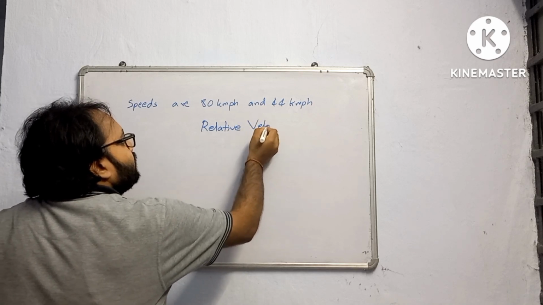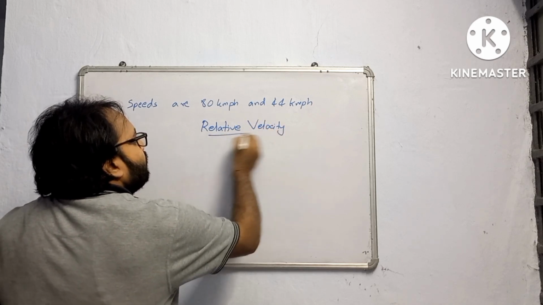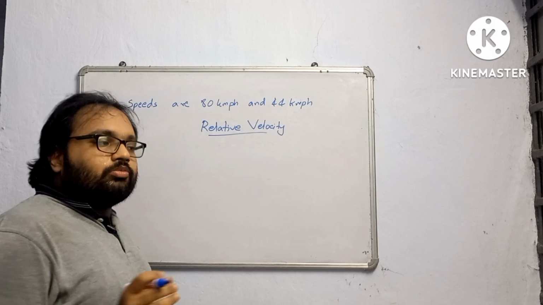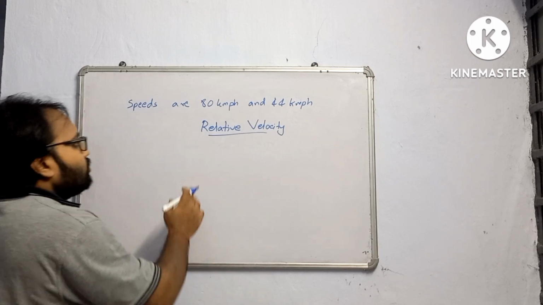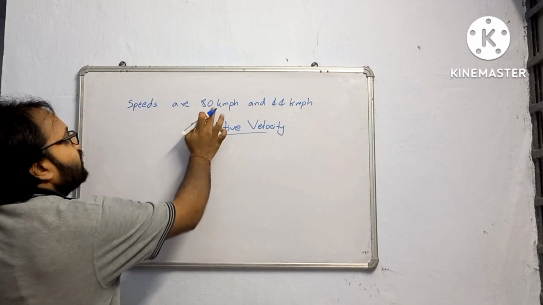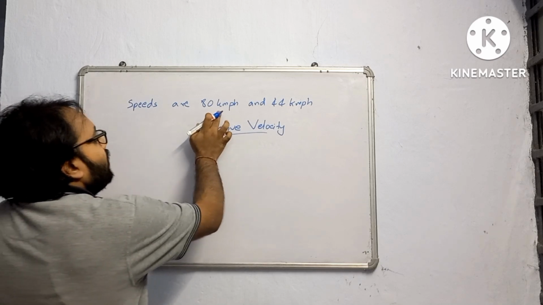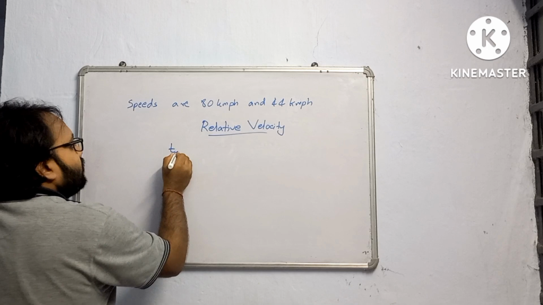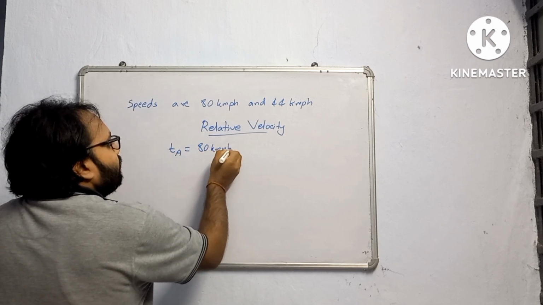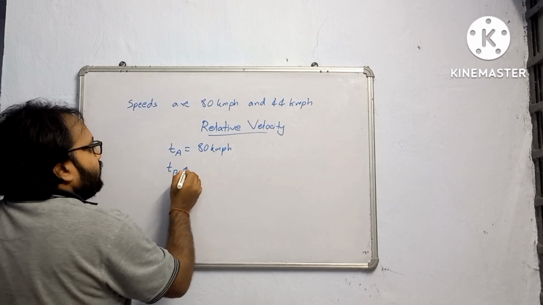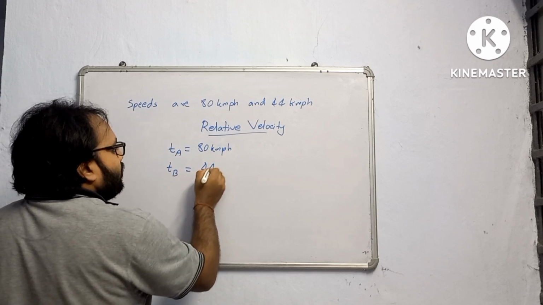Relative velocity means we will assume that both trains are not moving, only one train is moving and the other is at rest. So let the train traveling with larger speed be train A. So train A is moving with 80 km per hour. Train B is moving with 44 km per hour.